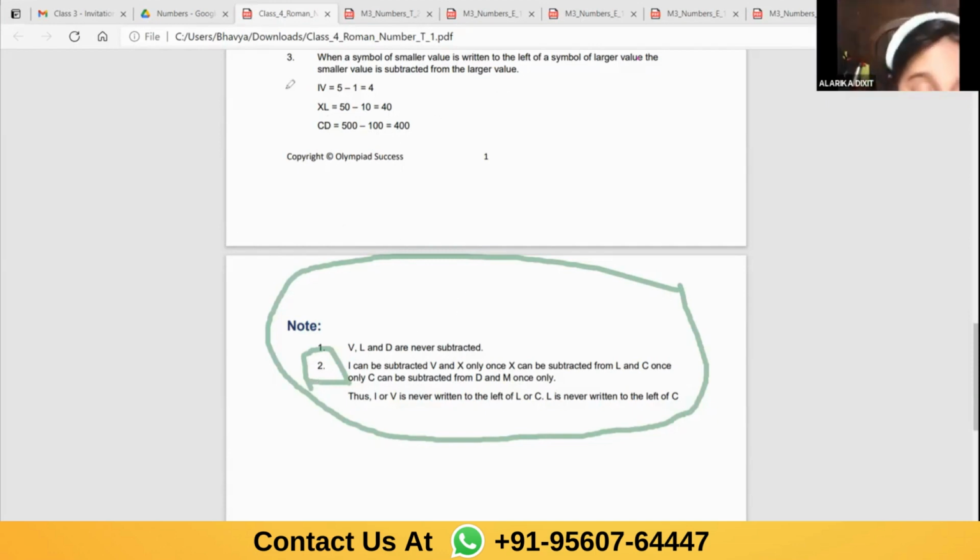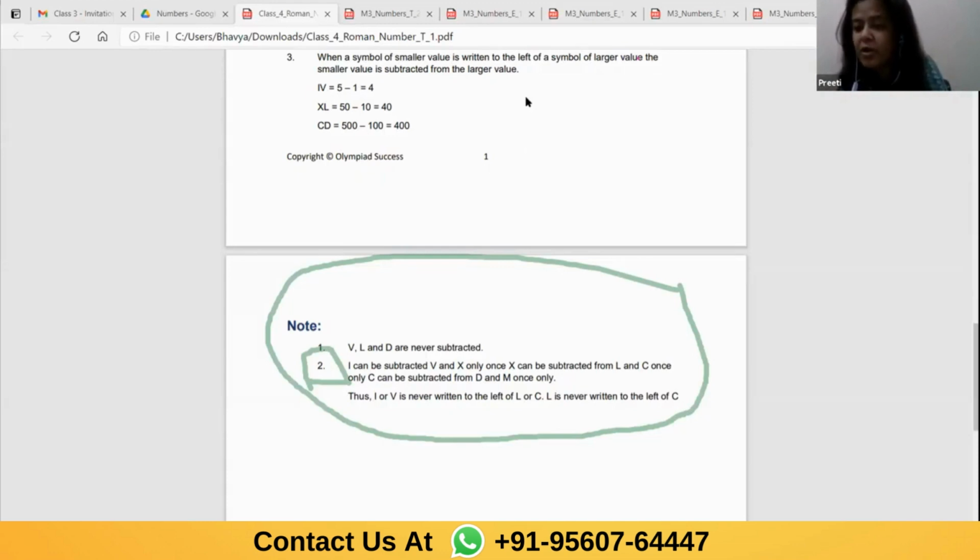Ma'am? Yes, bacha. How can we minus V, then X, then I? How can we subtract Roman numbers? We can never write V on the left hand side of any Roman number. But how can we minus an alphabet from an alphabet? Bacha, when you create numbers, the situation will be such that you will not have to subtract V. V is the symbol for 5.